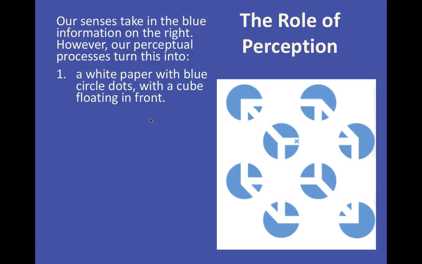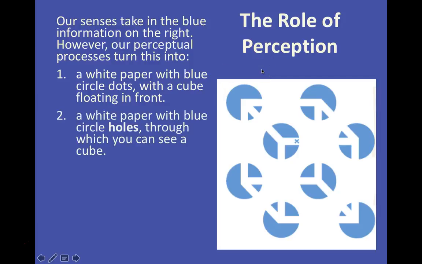What we're seeing is not just a blue stimulation, we're seeing a white paper with blue circle dots with a cube floating in front. You can see that. A white paper with blue circle holes through which you can see a cube. Okay, so we're seeing a hole.